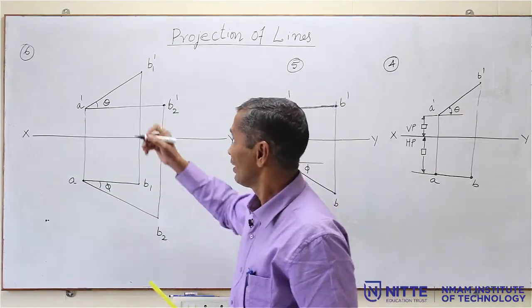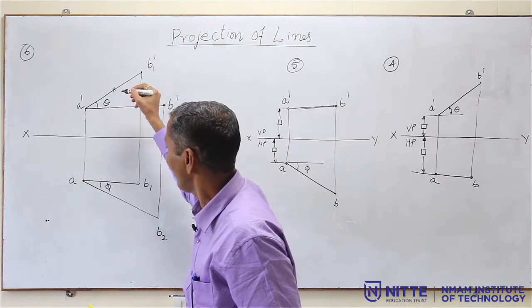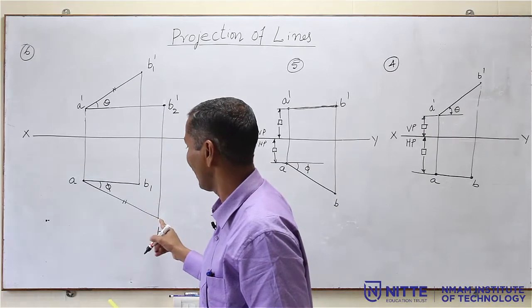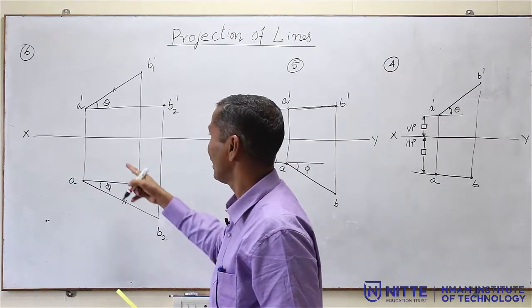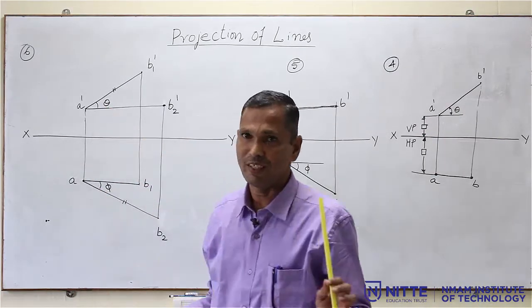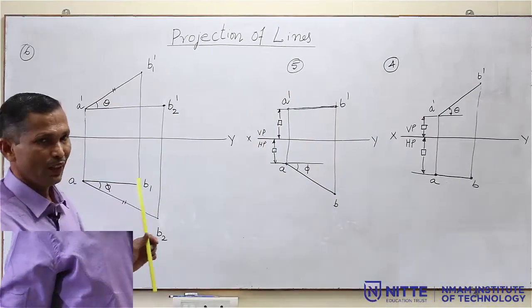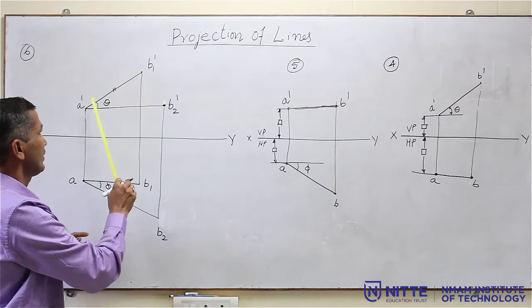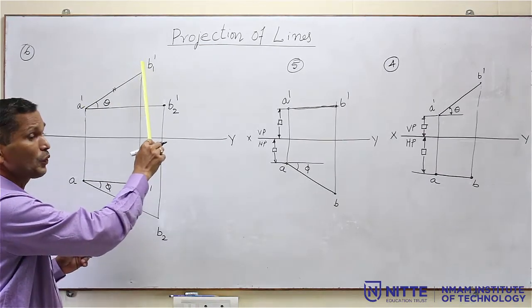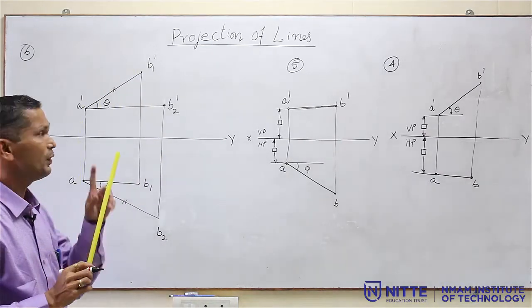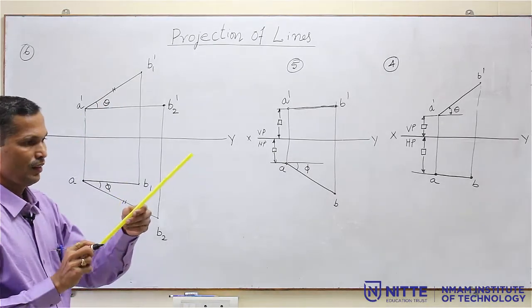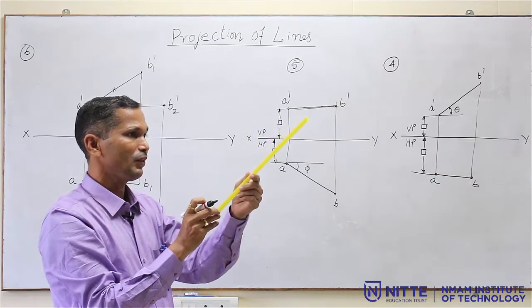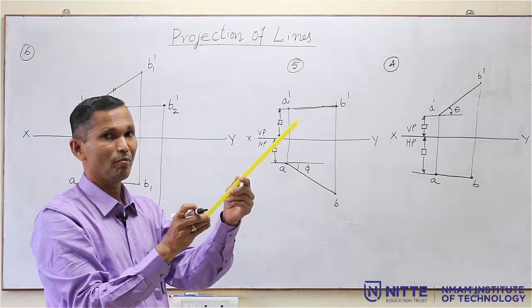So, here this is the true length and this is also true length, both are same. It may look unequal because I have drawn freehand, and the angles are different. Now, A dash B1 dash is the true length, not the front view. Front view is A dash B dash. In this position it is the front view, but in this position we call it the true length, a manipulated front view.